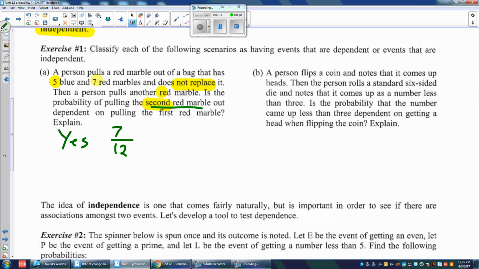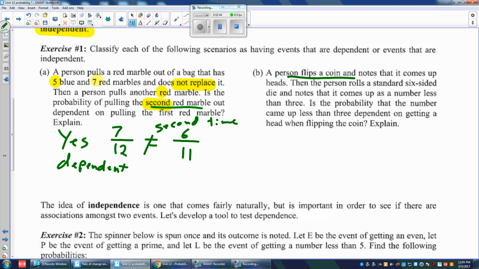But how many marbles are in the bag the second time? There are only 11 marbles. How many of them are red? 6. They do not equal each other, so they are dependent. The probabilities don't equal each other.